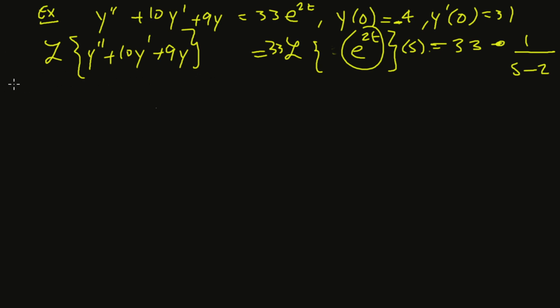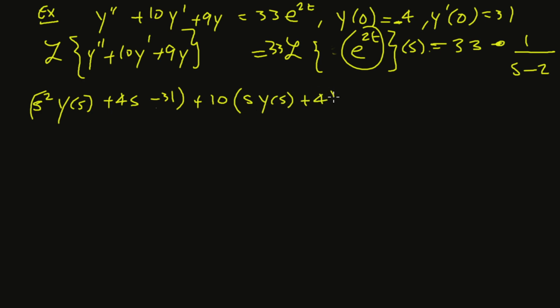Alright, so you're going to do now the left hand side, just like we did before. So let's do it for the second derivative. Then next, the first derivative. Equal to 33 over s minus 2.